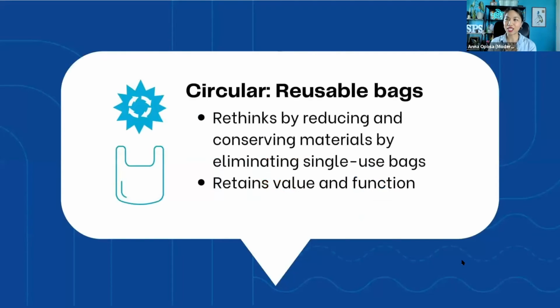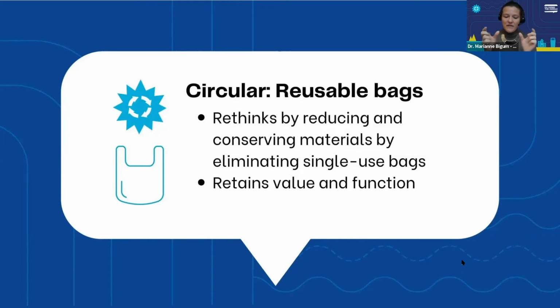Our answer is circular reusable bags. Why are they circular? Definitely. When we look, it falls under the rethink. It is rethinking the take, make, and dispose model into what else can we do, and it is reducing and conserving materials, and it is eliminating single-use bags.